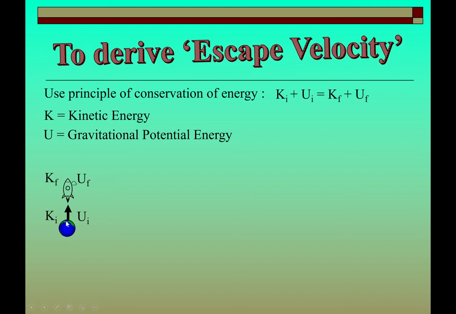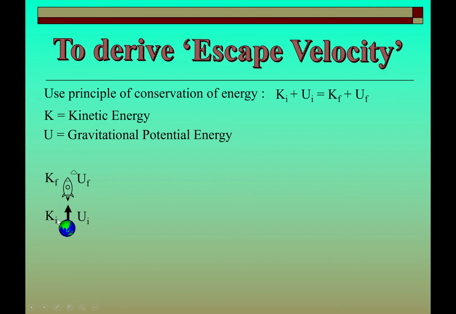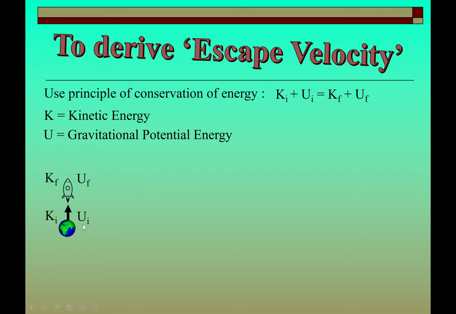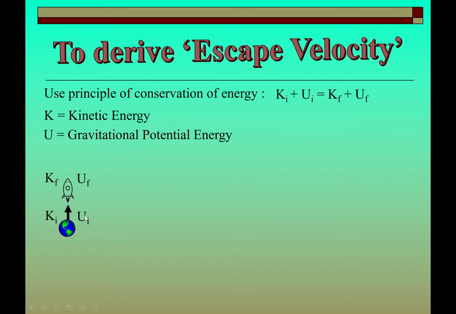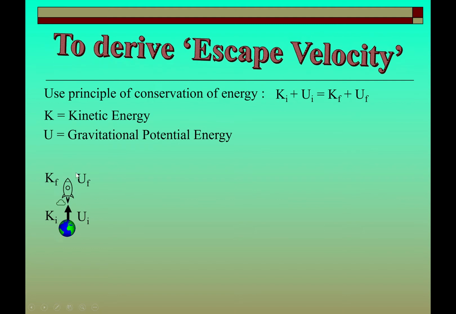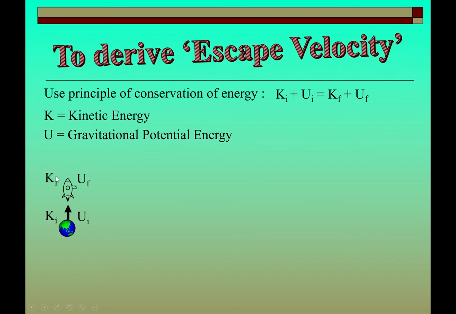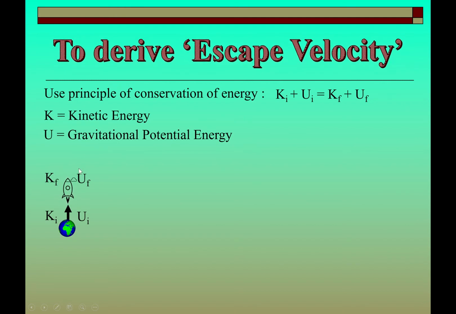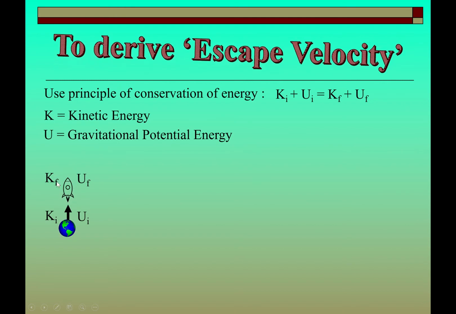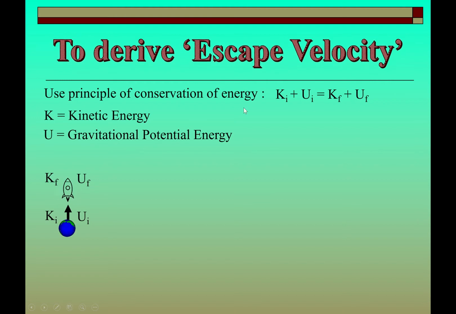At the surface of the Earth, the initial kinetic energy and the initial gravitational potential energy are given by Ki and Ui. And at the point where it is in outer space, the final kinetic energy and the final gravitational potential energy are given by Kf and Uf.